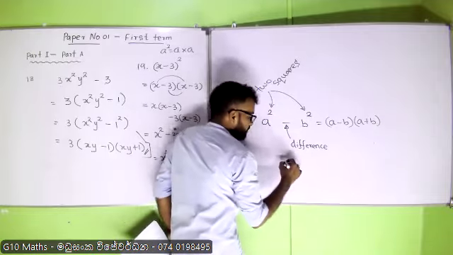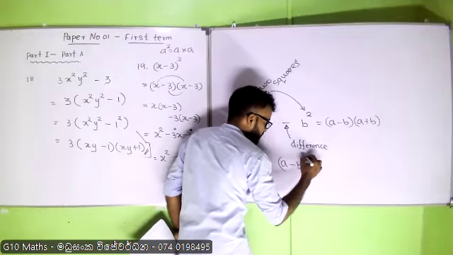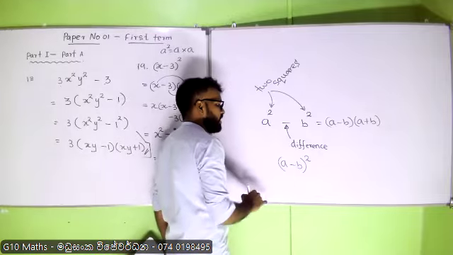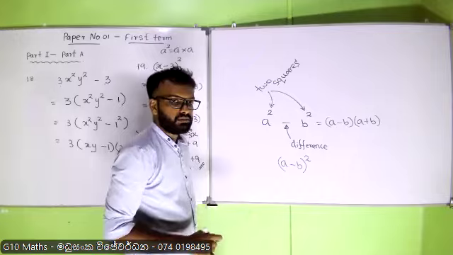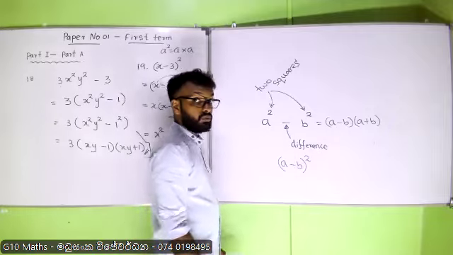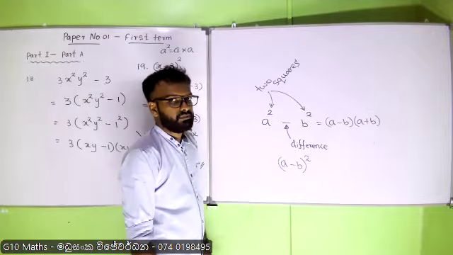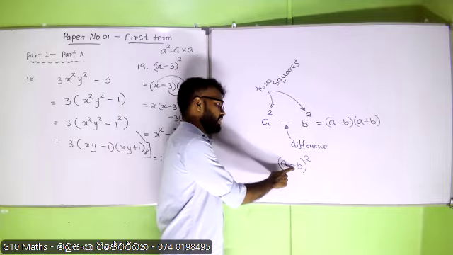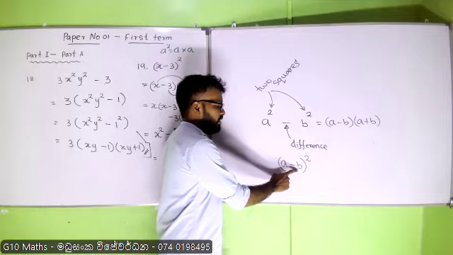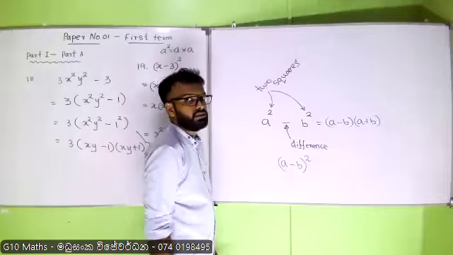Is this similar to this? If you have something like this, is this a difference of two squares, or is this a binomial expression to the power 2? But here you have a difference of two squares. This is a difference of one algebraic term with power 1 and another with power 1, and out of that you have the product.